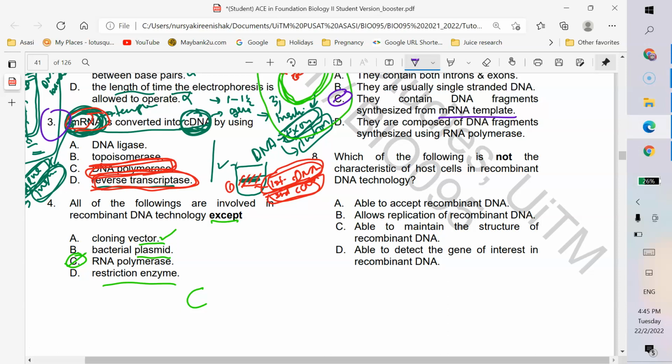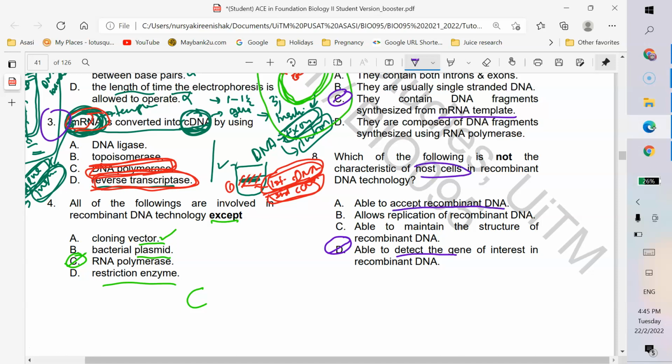Okay, so number 8, Izzat Daniel. So it cannot detect. So what is its job? To accept.